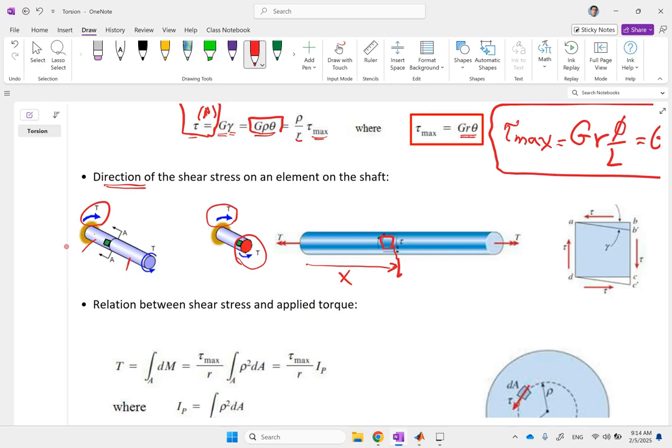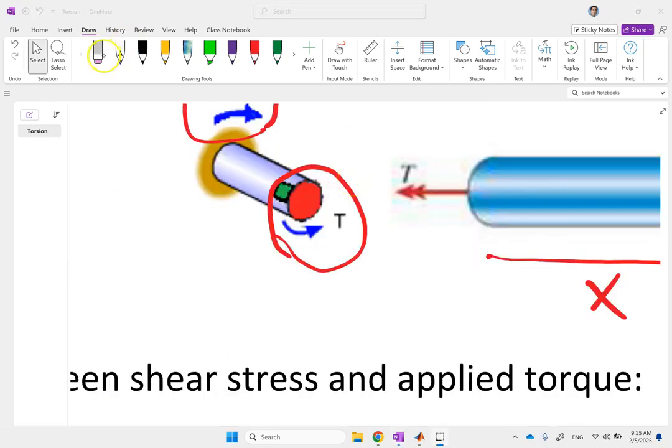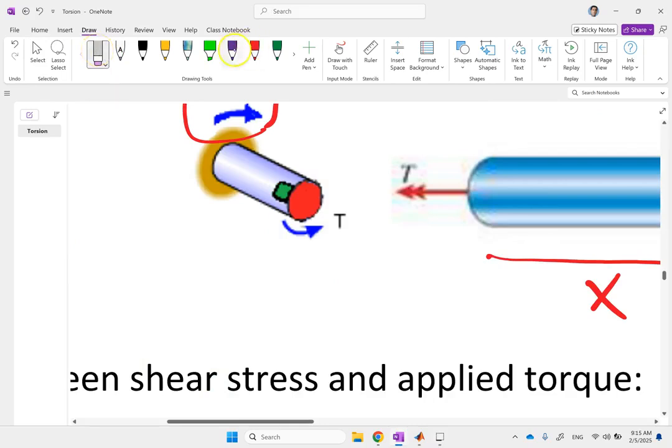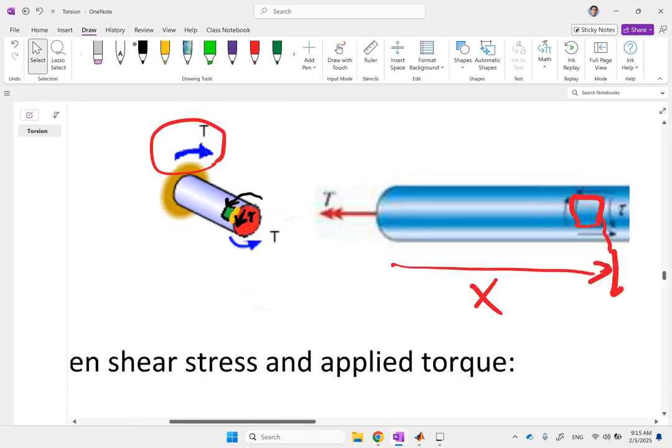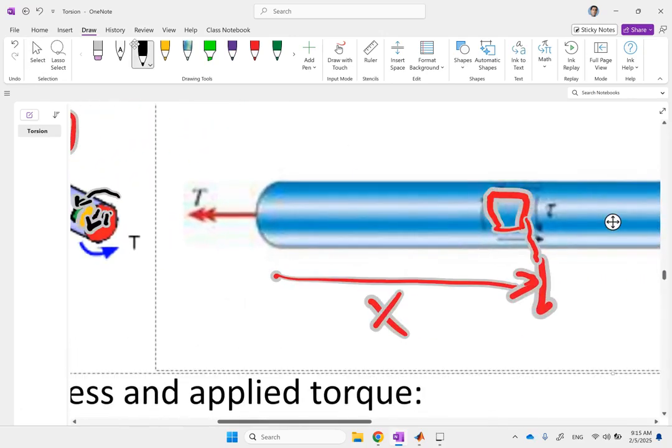So, if that's the case, and if we zoom in here and look at this, clearly the shear stress on this right side, on this edge, which direction should it be? Well, clearly it should be the direction that matches this torque. And this torque at this point, if you draw it, you can see that it is downward. So on this right edge, the shear stress tau should be downward, and that is what you can see right over here. Look.